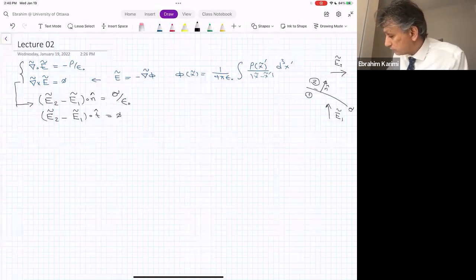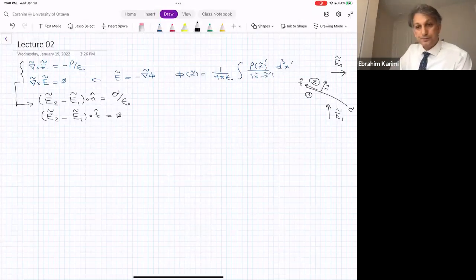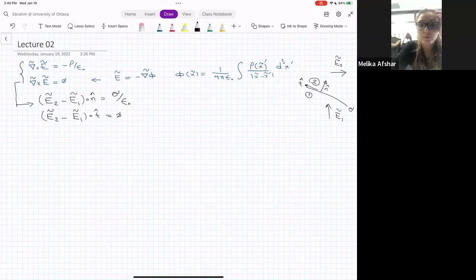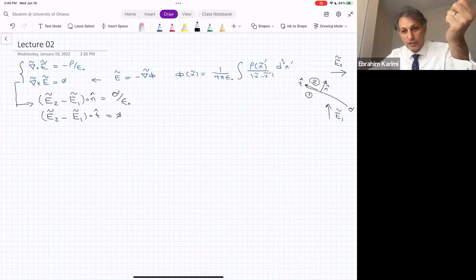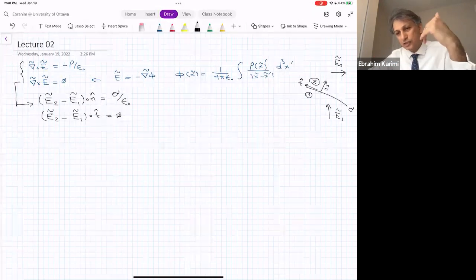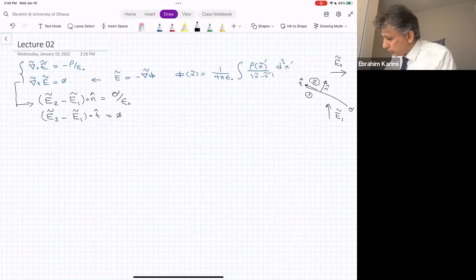So if there is no charge distribution, then the normal component of the electric field will be the same in the two regions, and from the curl, the tangent component is also the same. So the electric field will be identical in region 1 and region 2. That was an important point.